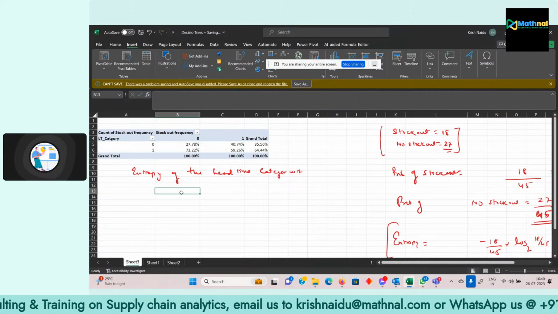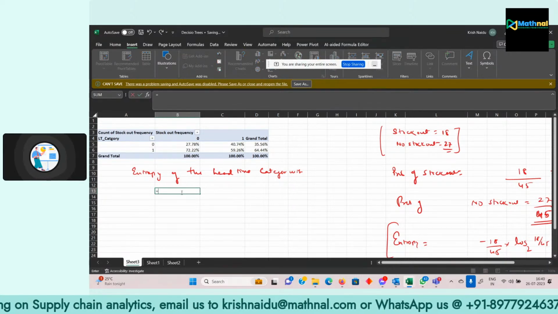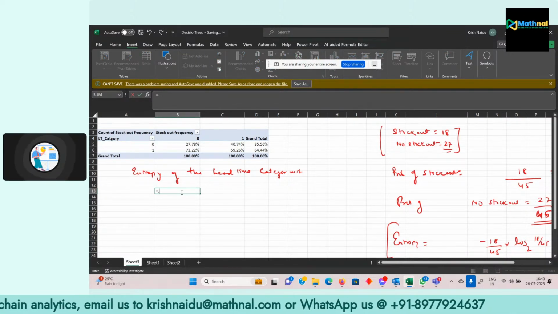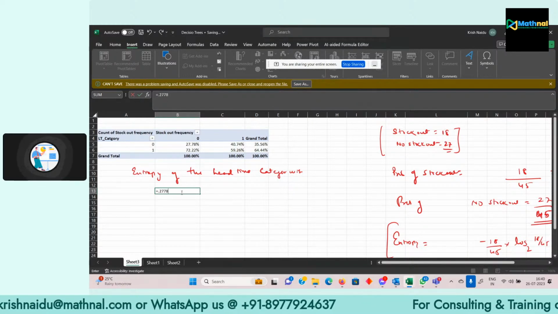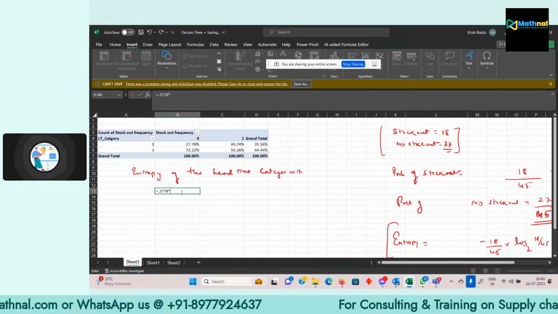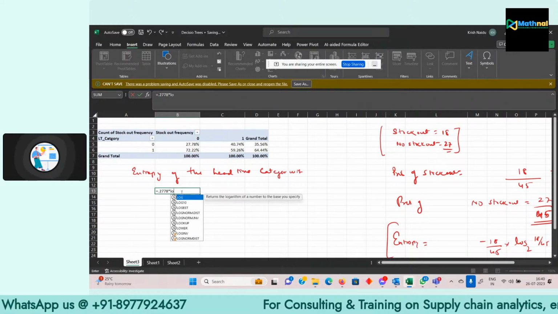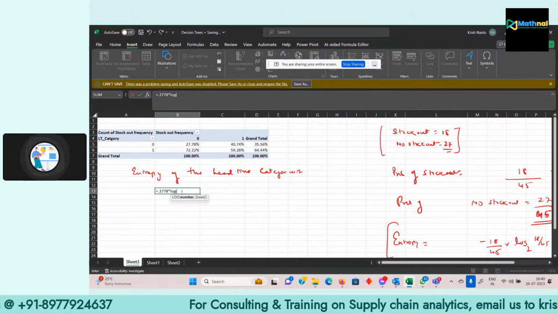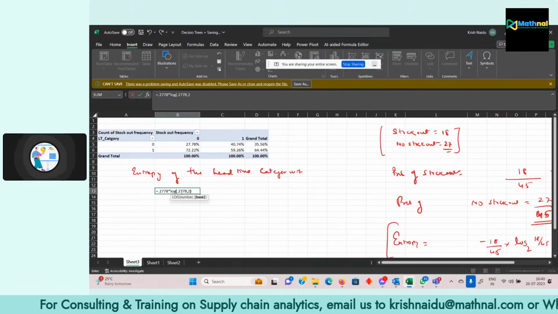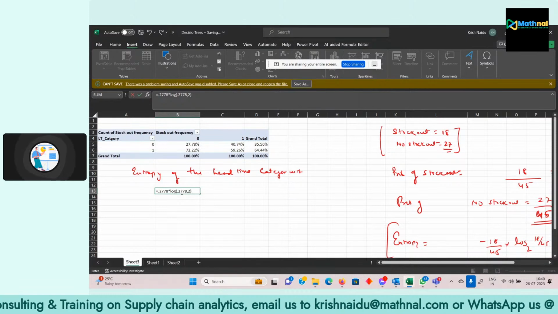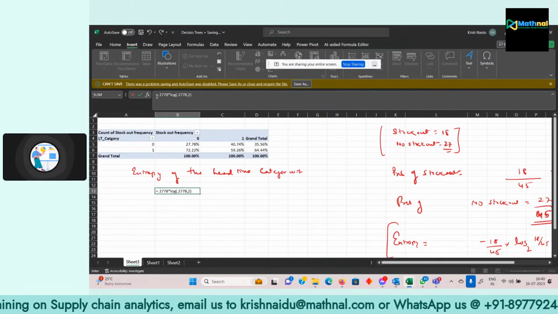So I'm going to take these values. I'm going to put 0.2778 into log of 0.2778 to the base 2, and I have to put the minus sign here.